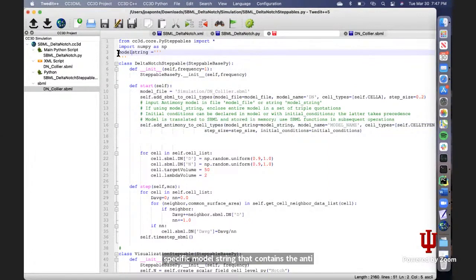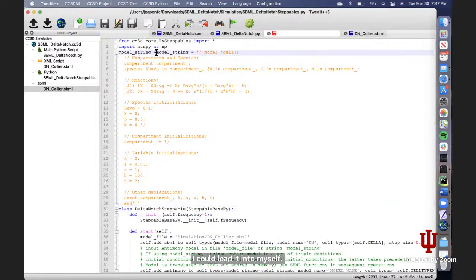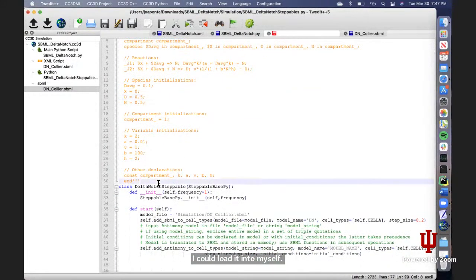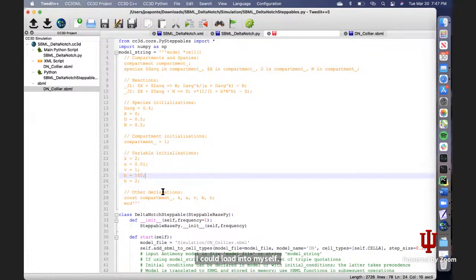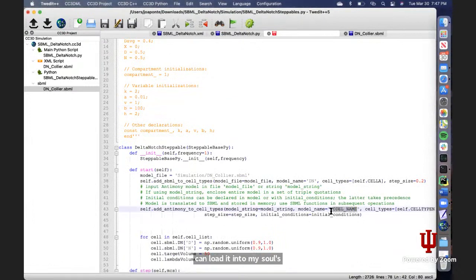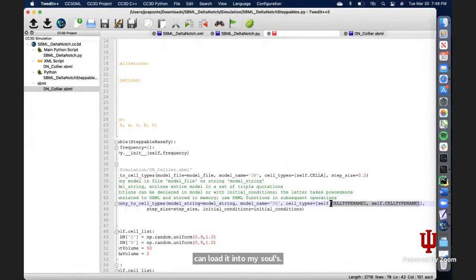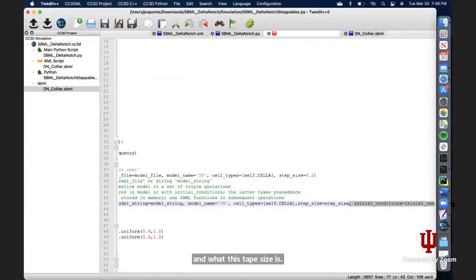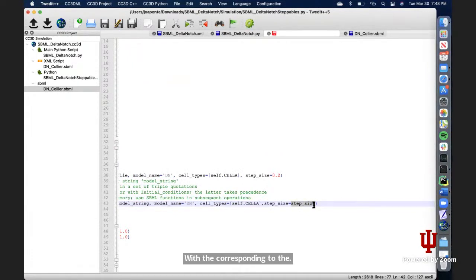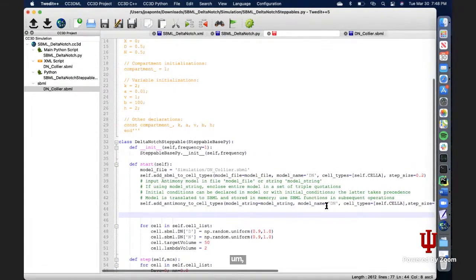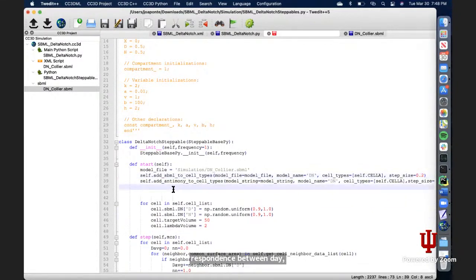So if I were to specify the Antimony string that James posted in the chat, I could load it into my cells by assigning a name to the model, what the cell type is that I want to assign the Antimony model to, and what the step size is, the correspondence between the Monte Carlo step and the Antimony model step.